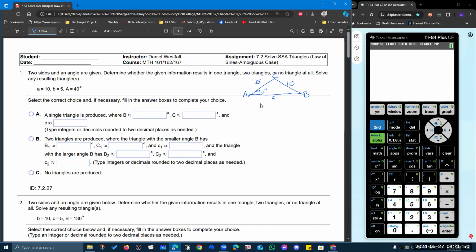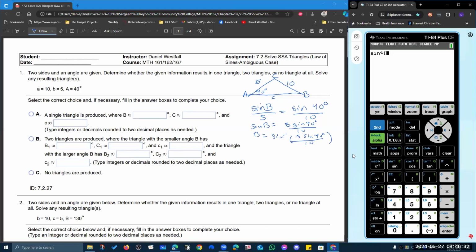We're going to try and solve for angle B. So sine of angle B is to side B as sine of angle A is to side A, and sine of angle B equals 5 sine angle A over side A. So B needs to be arc sine of 5 sine of 40 degrees over 10.